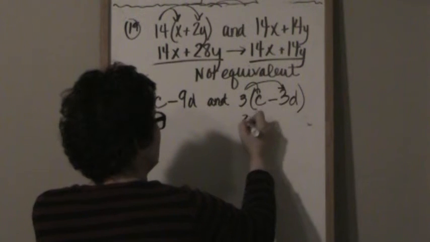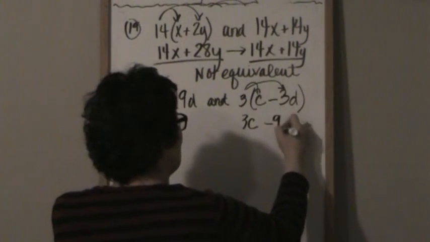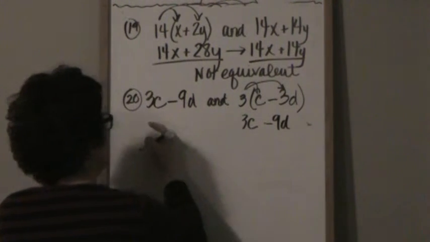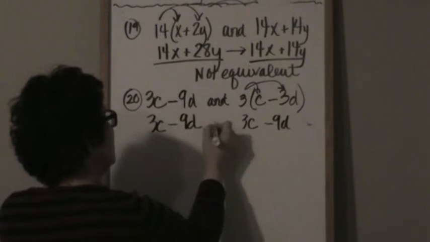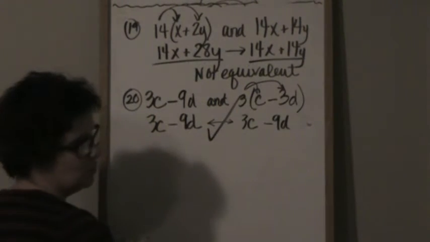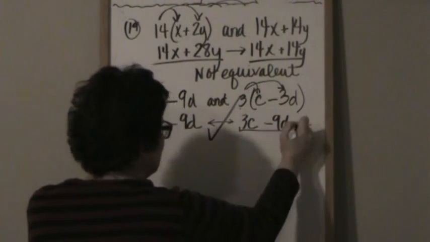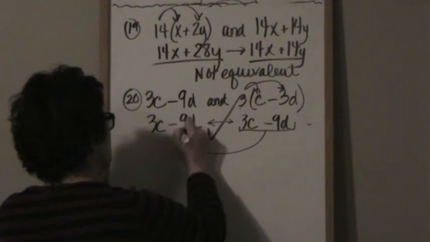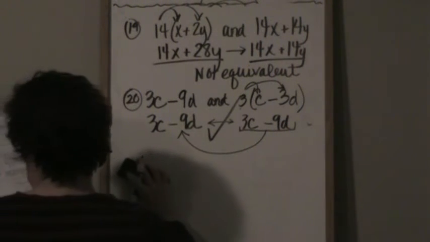So that gives me 3c minus 3 times 3 is 9d. What's over here? 3c minus 9d. Are those equal? Yes, they are, because when you distribute the 3, you get that. And that equals that. Okay? All right, I've got one more of those to do. Number 21.